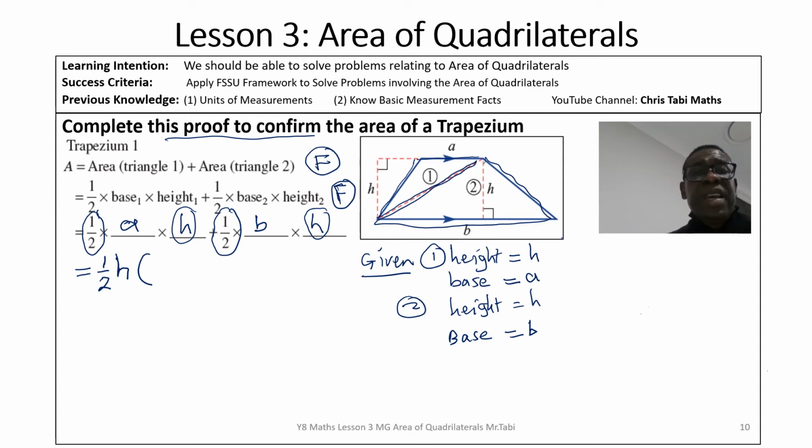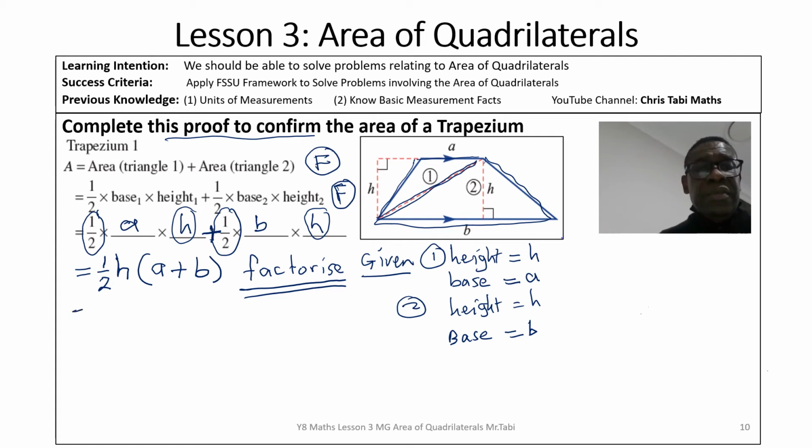Now, the first term, because I've taken half h in front of the bracket, I'm left with only a. There is a plus sign here. And because I've taken the half h to the front, I'm left with b. What we've done here is we've factorized. This is something we do when we do algebra.